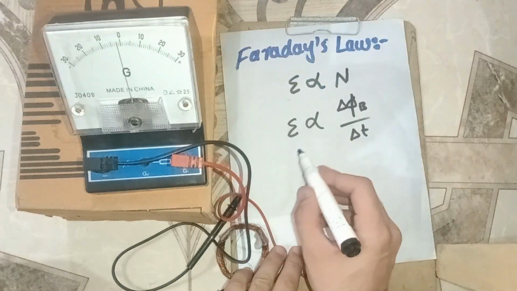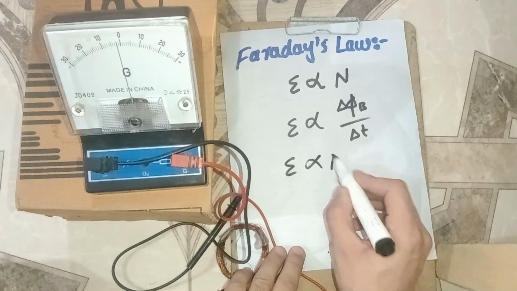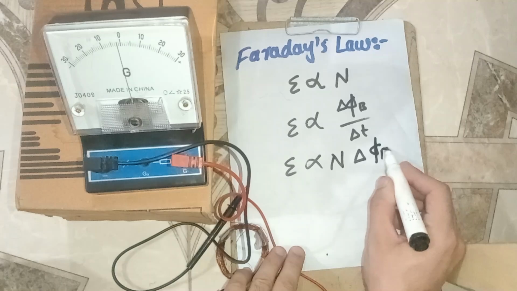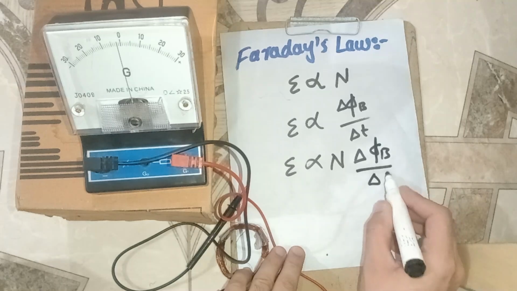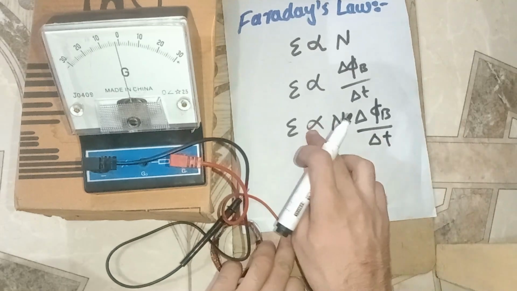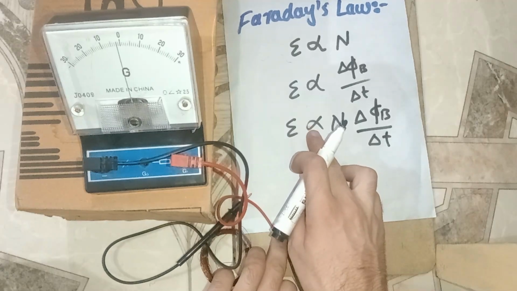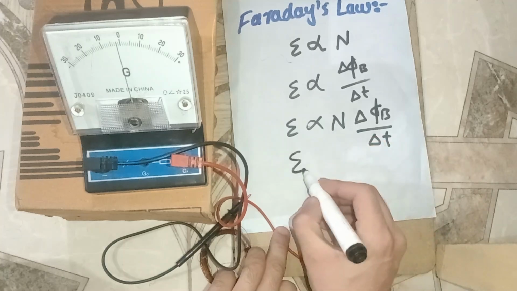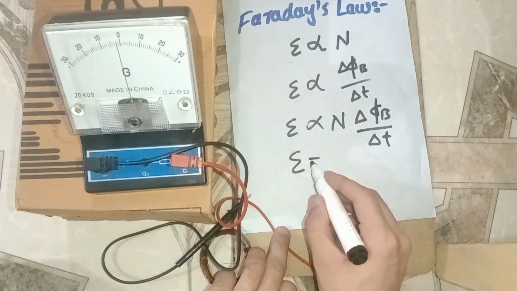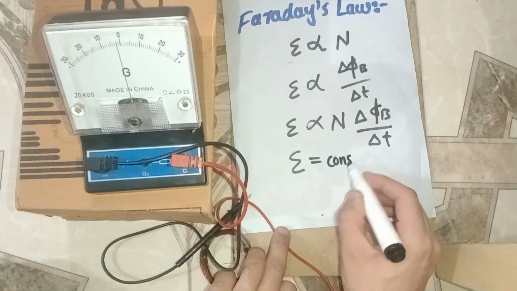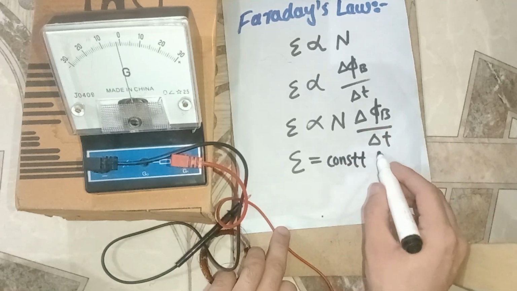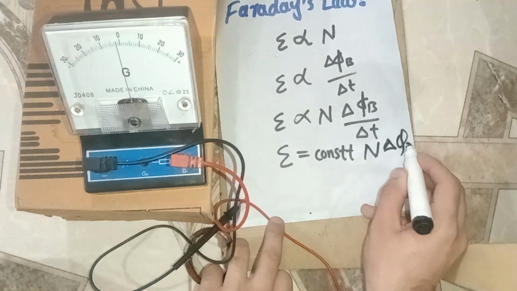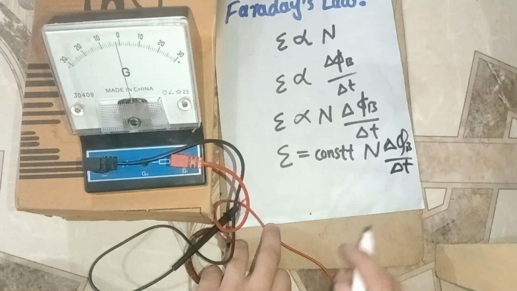So the EMF is directly proportional to N del phi B divided by del t. Instead of this proportionality sign, we will put the equality sign and a constant. So this induced EMF is equal to a constant times N del phi B divided by del t.